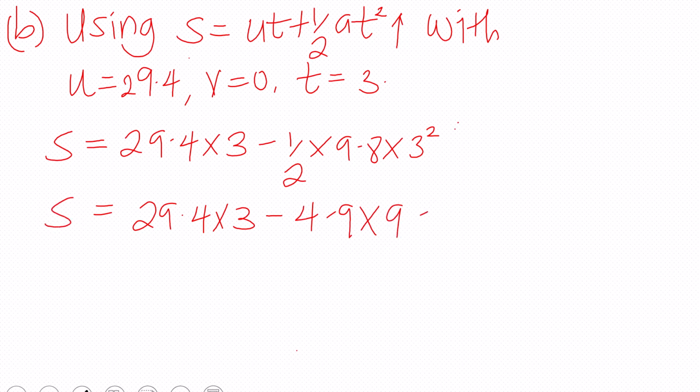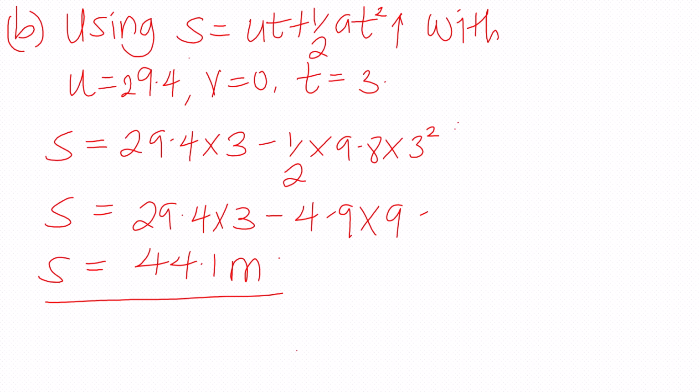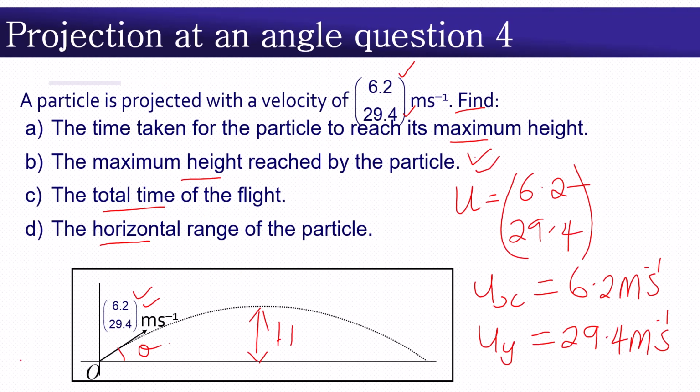This is our s, which is our maximum height. You'll get 44.1 meters. Therefore, the maximum height is 44.1 meters. The next thing is the total time of flight. If the time to the top is 3 seconds, then the time of flight will be 6 seconds.